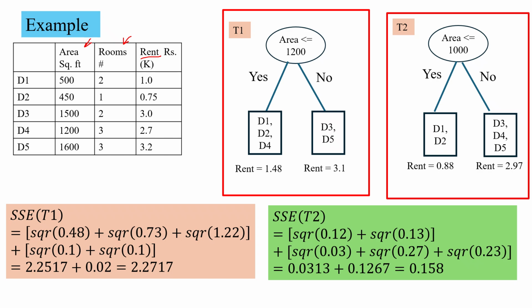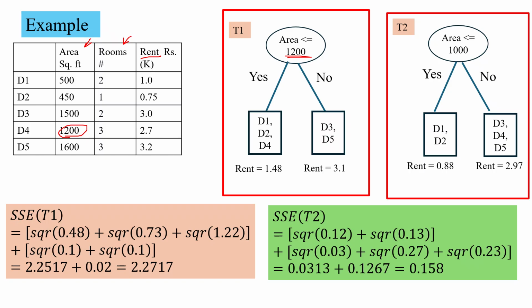We see there are 5 values given here. So we take area less than or equal to 1200, suppose, as the first splitting. If you take this as the splitting, for area less than or equal to 1200, yes, this leaf contains D1, D2 and D4. That's given here.